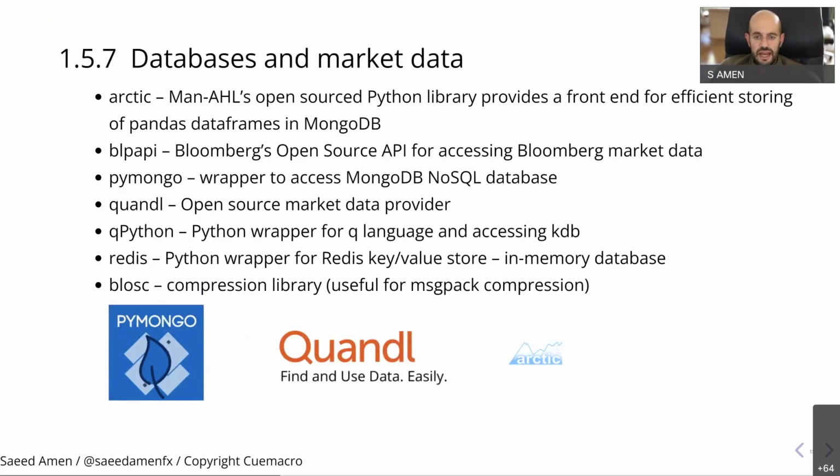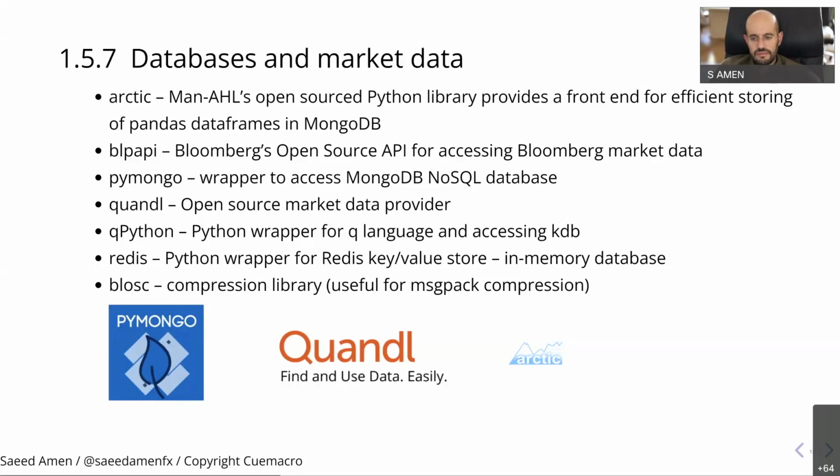If you want to access data from an external source like Bloomberg, Bloomberg have got an API for Python called BLPAPI. There's all sorts of libraries as well for accessing databases like PyMongo. There's also SQLAlchemy, which I've not written here, which makes it easy to access SQL databases through Python as well.